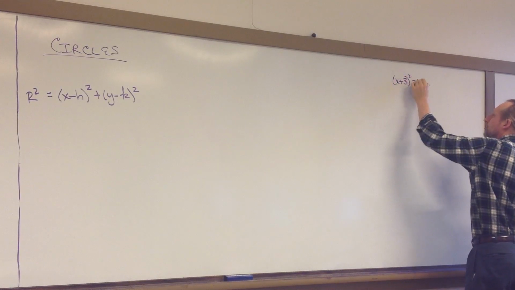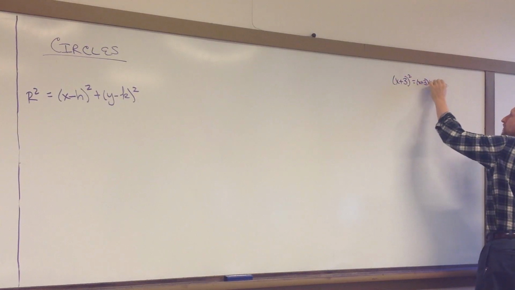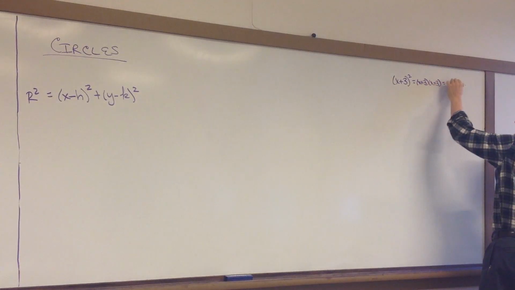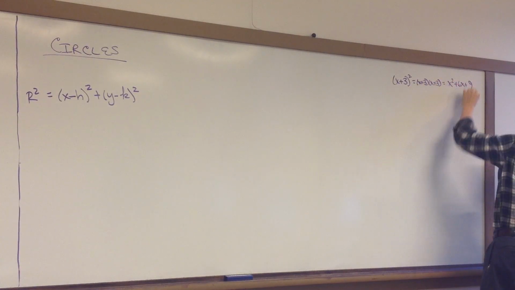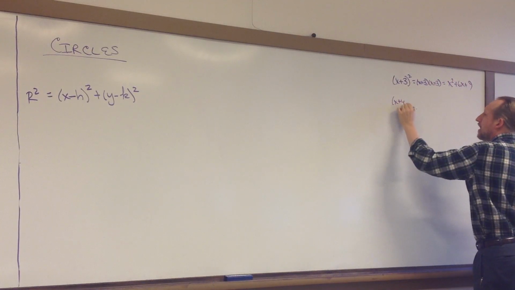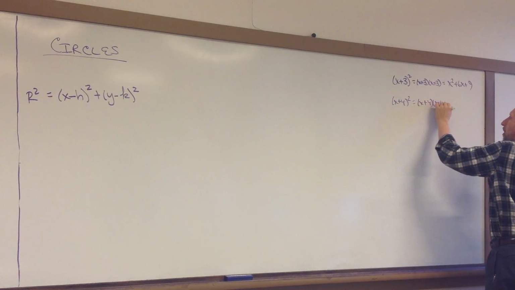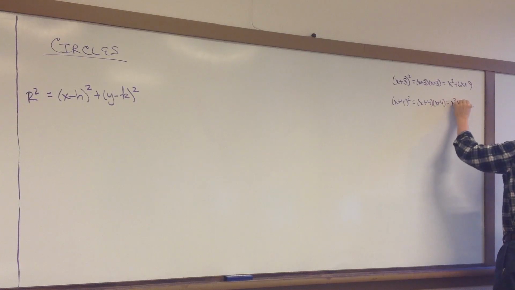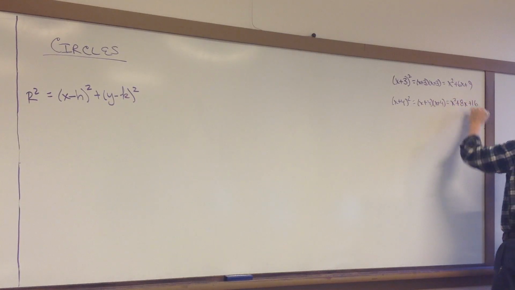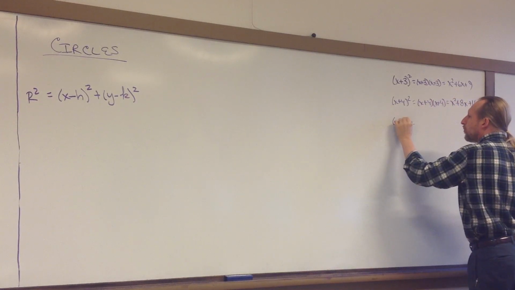(x + 3) squared means (x + 3) times itself, and that's x squared + 6x + 9. I'll put up (x + 4) squared, and that'll be x squared + 8x + 16. And then I'll put up one more.